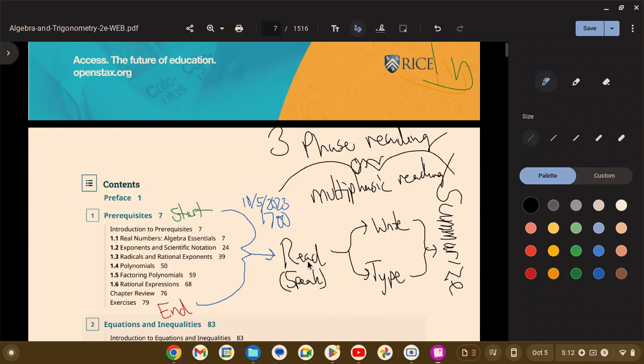And then the goal is to summarize it. What does summarize mean? Summarize. So that's going to start out with a brief wordplay. And then that's going to go to imagery.